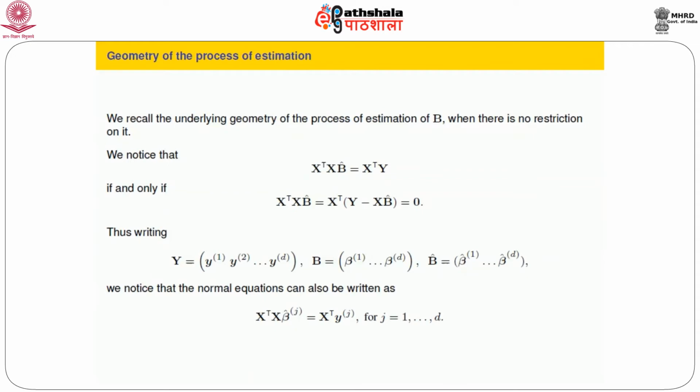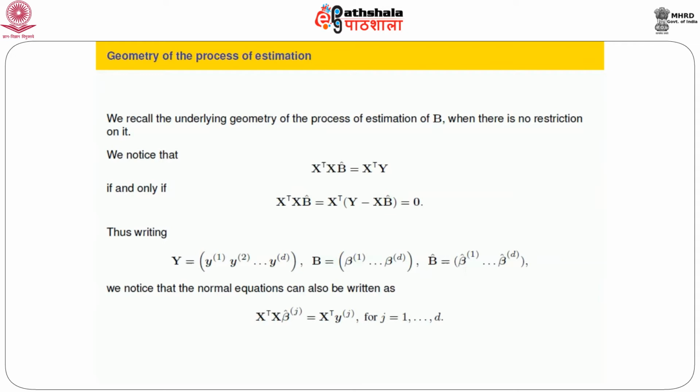If we write capital Y as the columns y superscript 1 up to y superscript d, and B as beta superscript 1 till beta superscript d, and the corresponding estimate beta superscript 1 hat till beta superscript d hat, then this equation X transpose (Y minus X B hat) equal to 0 can also be written, as is rather trivially verifiable, as X transpose X beta^j hat equal to X transpose y^j for j equal to 1 through d.